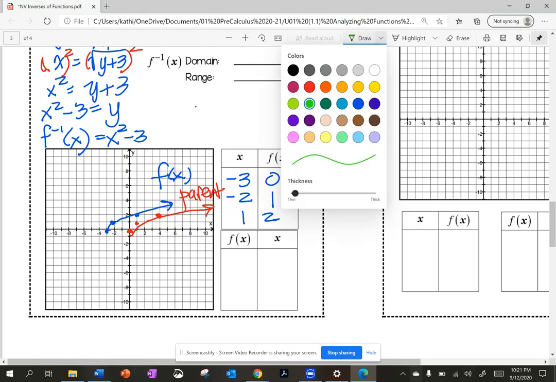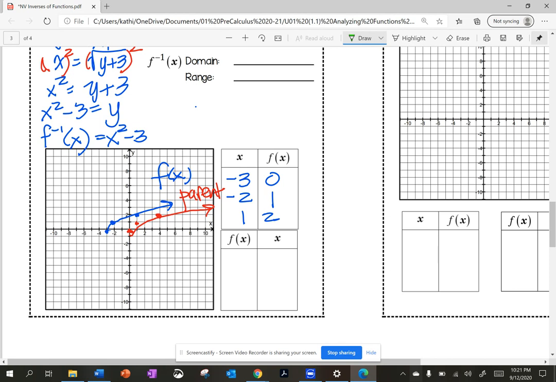Okay, so my next step is I'm going to switch my points. The domain becomes the range, and the range becomes the domain. So -3, 0 becomes 0, -3. -2, 1 becomes 1, -2.